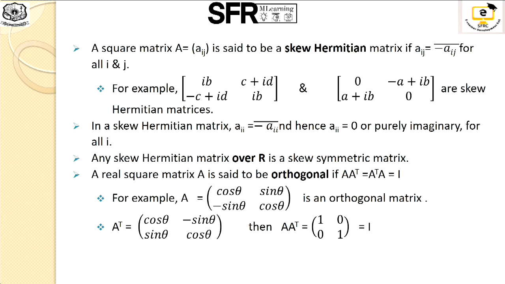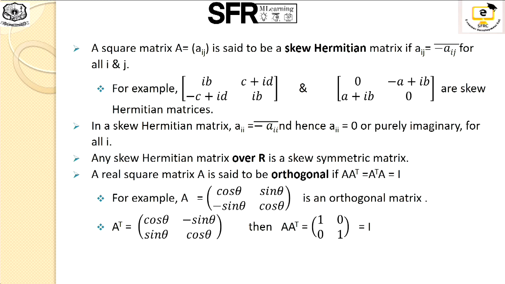And then the next type of matrix is a very important matrix, that is orthogonal and unitary matrices. Here a real square matrix is said to be orthogonal if A transpose A equal to I. In the previous Hermitian and skew Hermitian matrices, it also included complex numbers, but here a real matrix is taken.